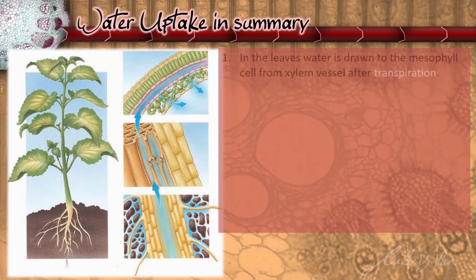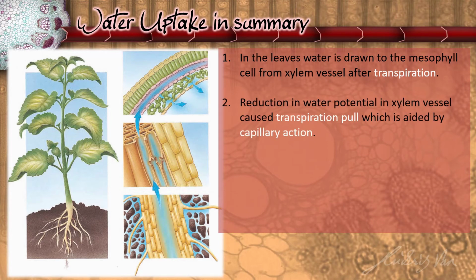So in summary, inside the leaf, water is drawn to the mesophyll cell from the xylem vessel after transpiration, because the water potential in the mesophyll cell has decreased. The reduction in water potential in the xylem vessel causes transpiration pull, which is aided by capillary action.